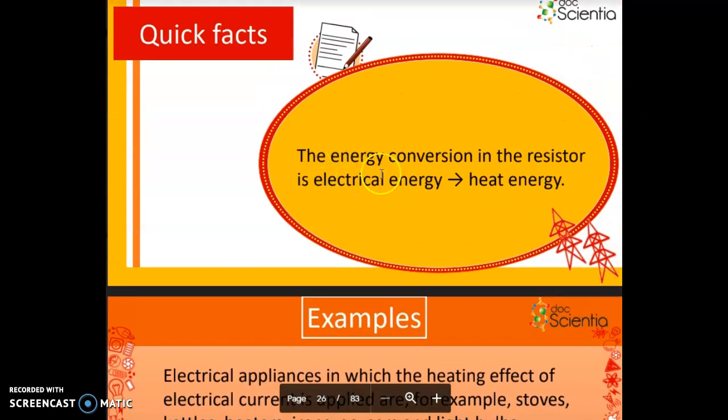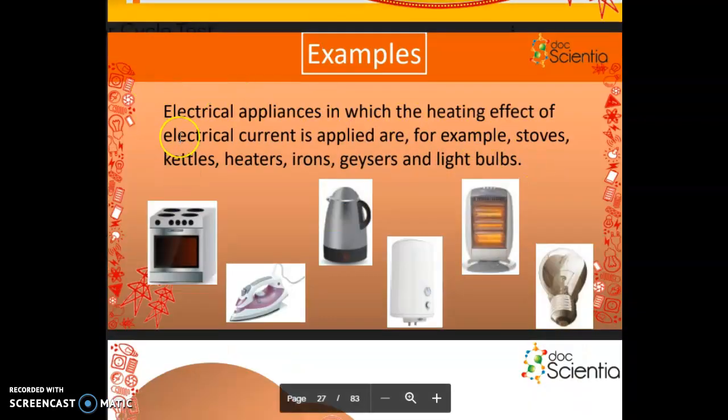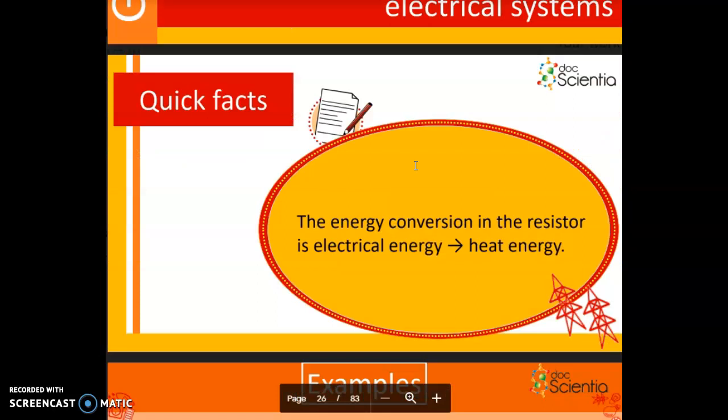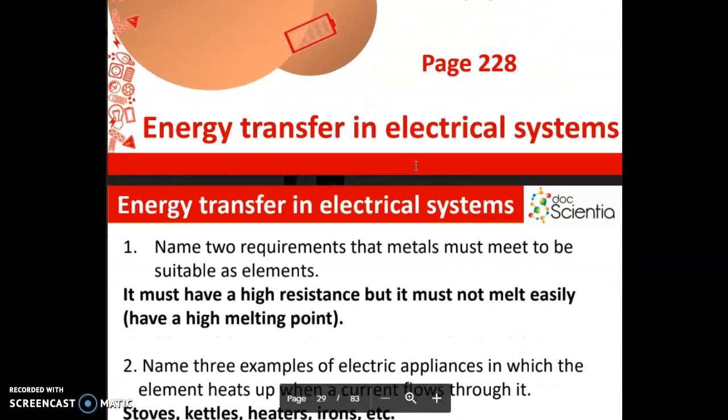Quick facts. Energy conversion in the resistor is electrical energy to heat energy. Examples: the electrical appliances in which the heating effect of electrical current is applied, for example, stoves, kettles, heaters, irons, geysers, and light bulbs. Because the light bulb gets warm, right? When the electricity flows through it.